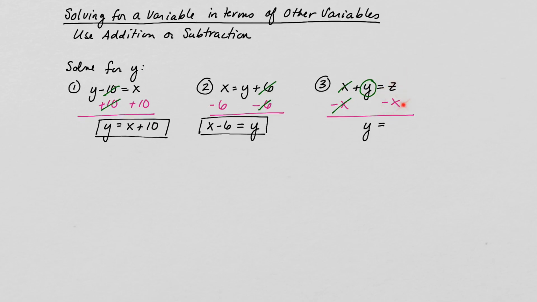And then if you look, here I have z and I have minus x. They are not like terms. They're not the same variable, so I cannot put them together. So all I'm going to write is z minus x. And otherwise, these work pretty much exactly the same as solving an equation when we only had one variable.